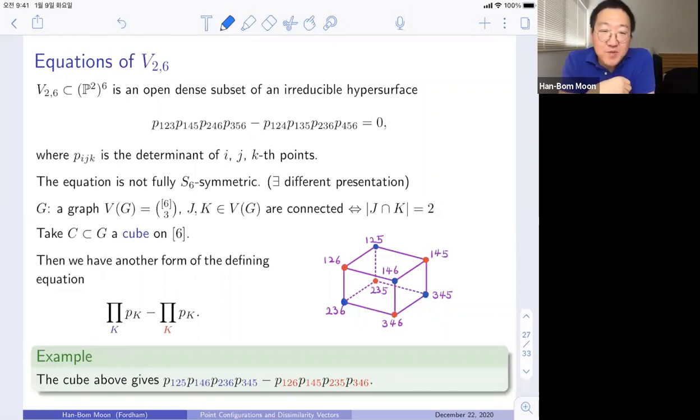But one interesting observation is that the equation is not fully S6 symmetric. On the other hand, by definition, V_{2,6} is obviously S6 symmetric.